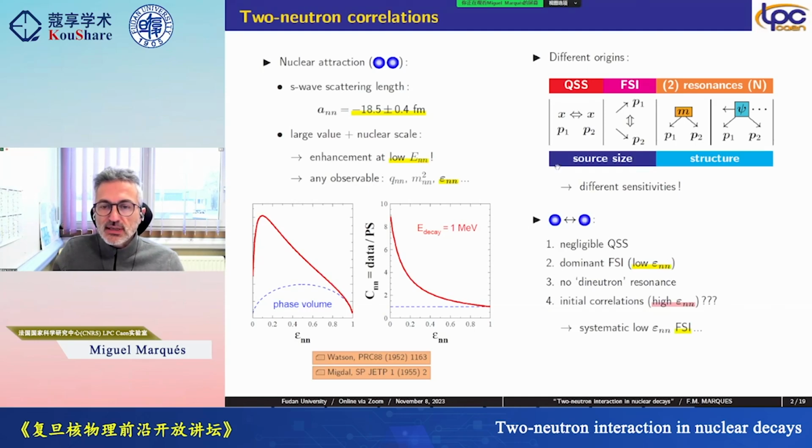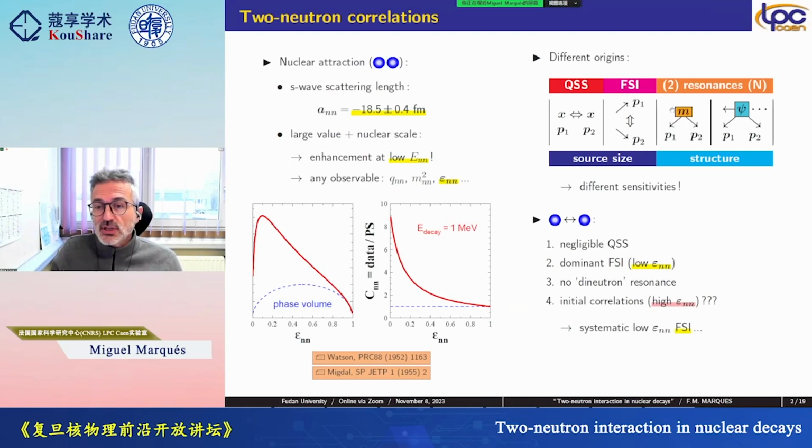In the neutron-neutron case, the statistical symmetries are negligible compared to the final state interaction. This is a strong attraction. So we should see enhancement at low relative energy.